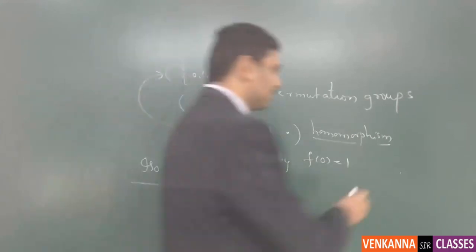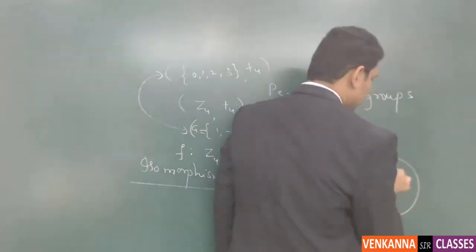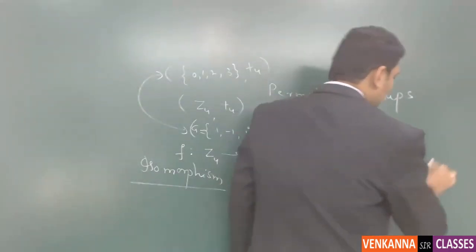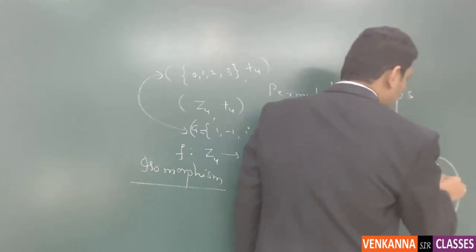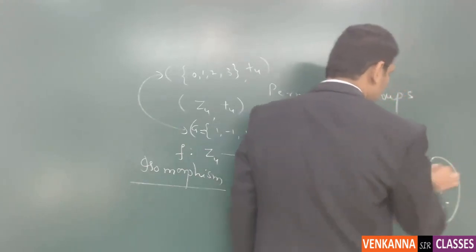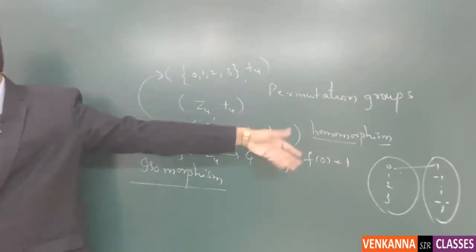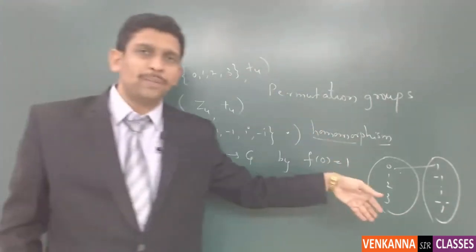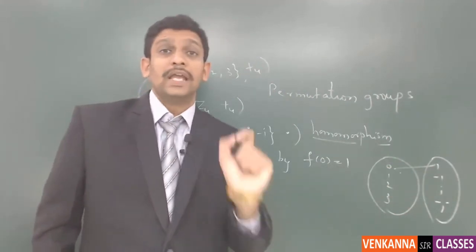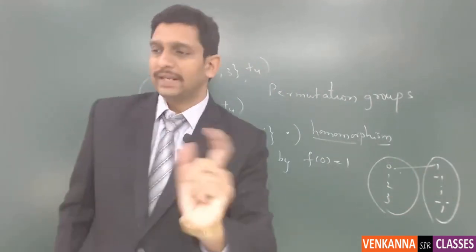So I got one thing. So 0, 1, 2, 3 elements on this side, 1, -1, i, -i elements on this side, and I have paired like this. Now remaining 3 elements are there. I want to pair them with the others. Here the question comes, how to pair them?